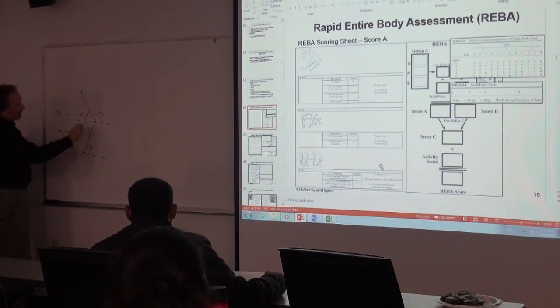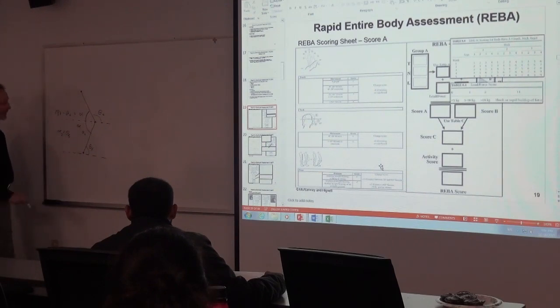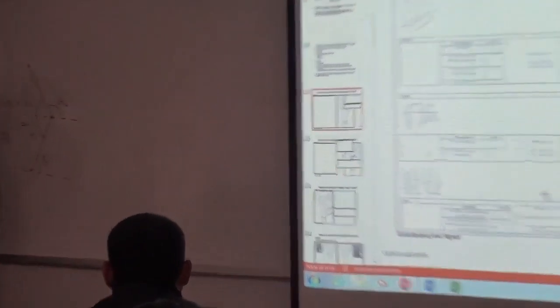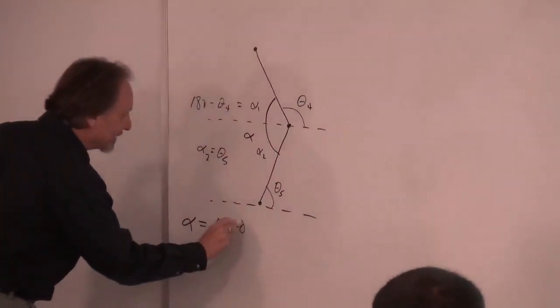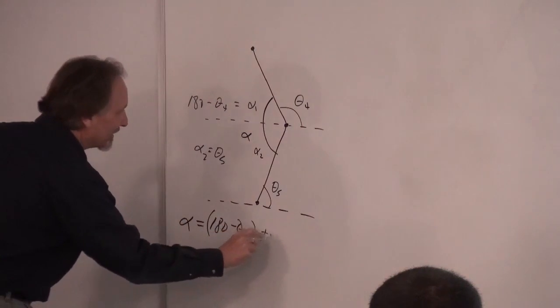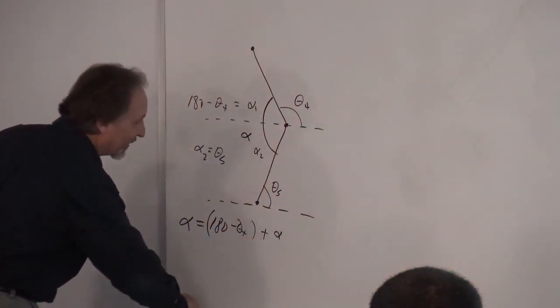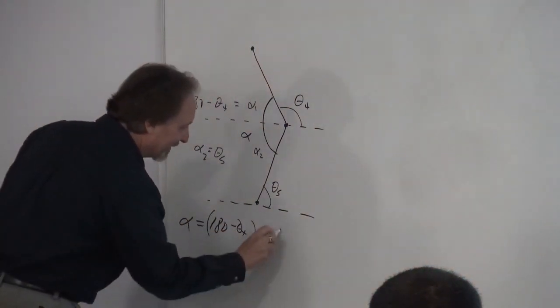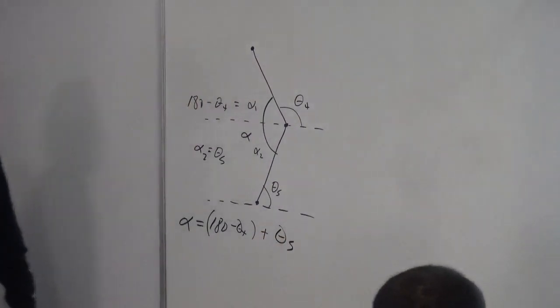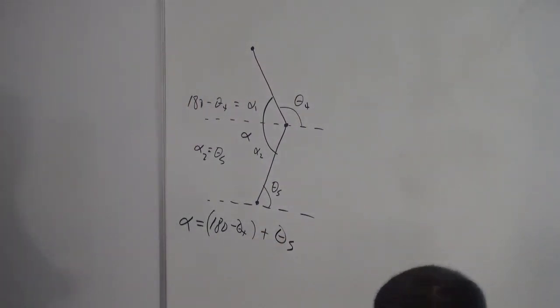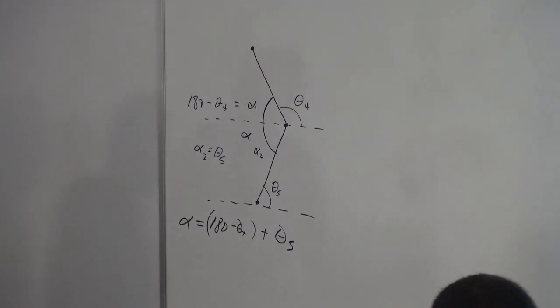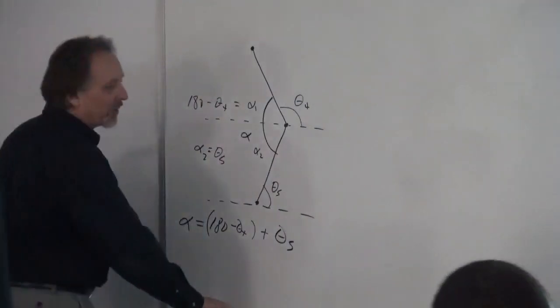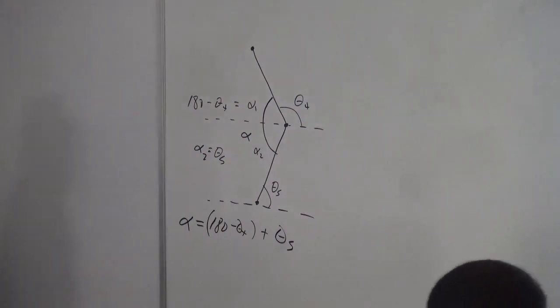No, it should be the opposite. Yeah, okay, it's just theta 5. That means that then alpha will be equal to 180 minus theta 4 plus theta 5. Okay. So far, so good? Yeah. So that one, like I said, you have to think about that one a little bit, but that should work out that way.